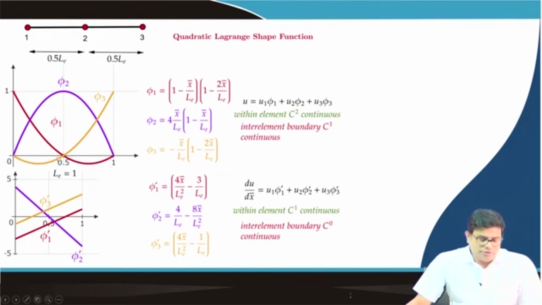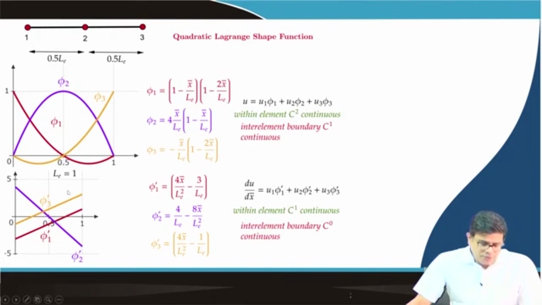So the variation of the function will look like this, and similarly for phi 2 the function at the mid node will be 1, and at the other nodes it will be 0. And similarly for phi 3, at the third node it will be 1, and at the other two nodes it will be 0. And similarly the derivatives also we can plot.